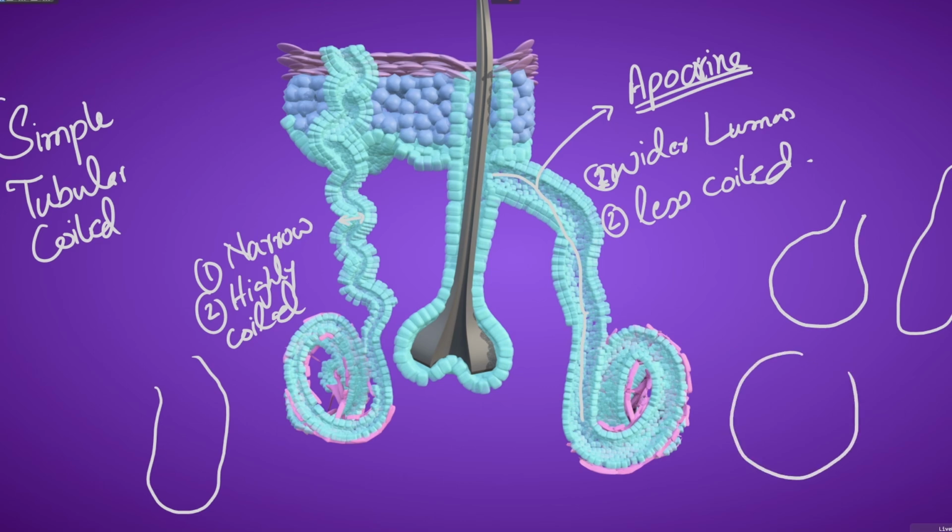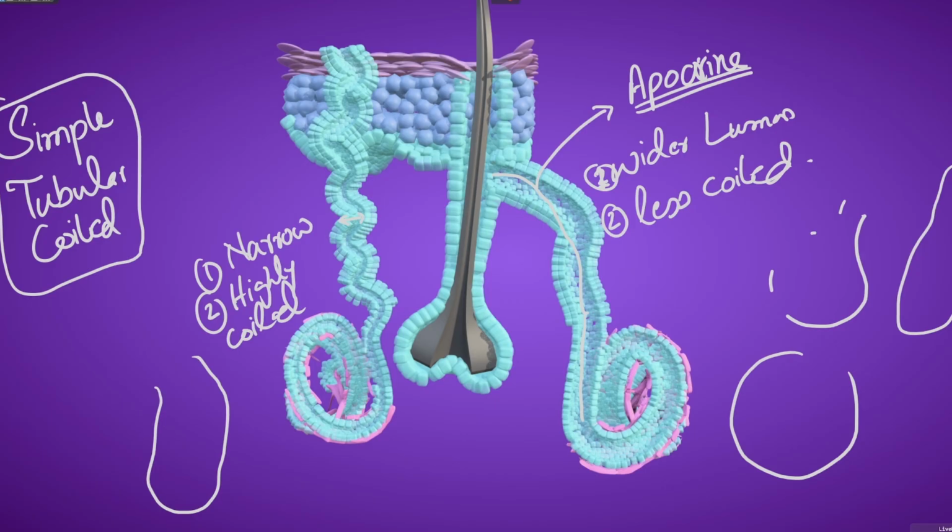So both of these are simple tubular coiled, and mostly both of them are unbranched, but sometimes, if we talk about apocrine, mostly they are unbranched, but sometimes they may be branched tubular coiled, right? So understand this thing.